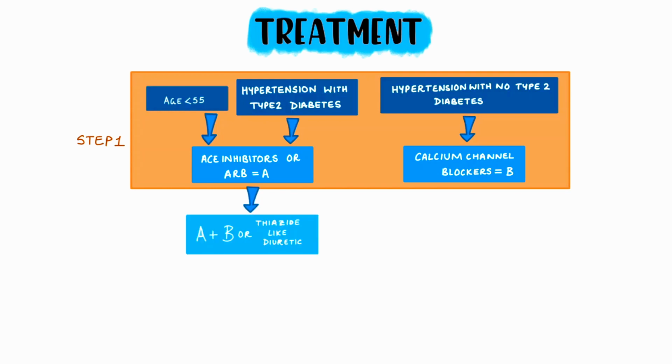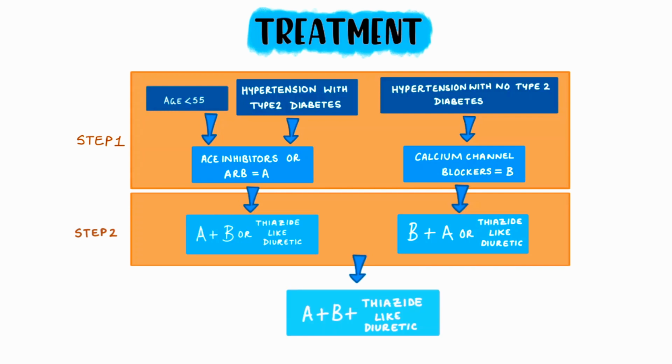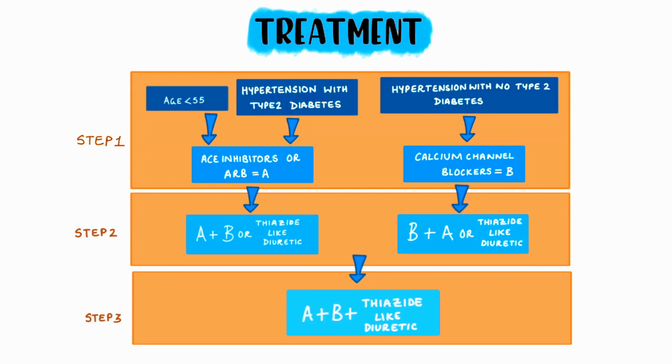So if they already have A, then we would add on B or a thiazide-like diuretic. Similarly, if they are on B, then we would add on A or a thiazide-like diuretic. And finally, in step 3, if the patient is still persistent with hypertension, we would add all the drugs. So A plus B plus thiazide-like diuretic.